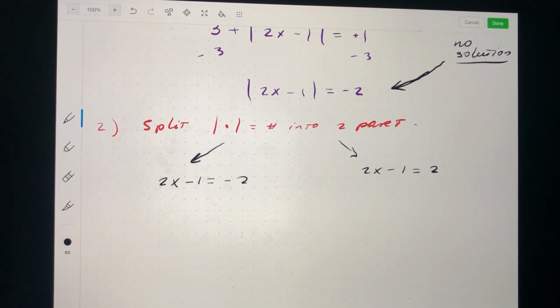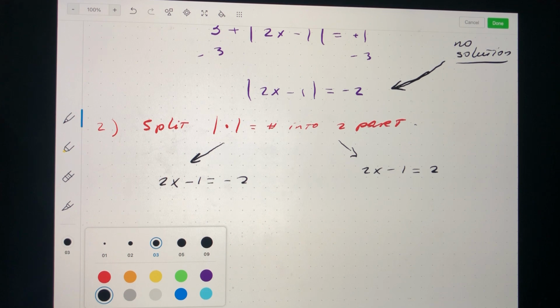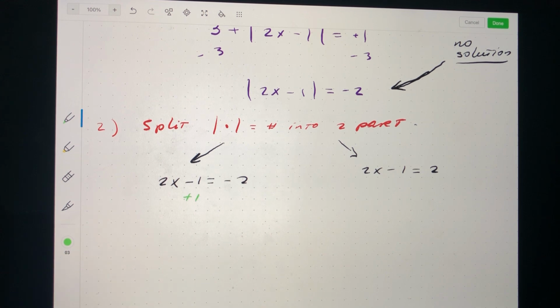To solve each one separately, we repeat the same steps twice. To cancel negative 1, we add 1 to both sides, making it 2x equals negative 1. To undo multiplication by 2, we divide by 2, and that makes x equals negative half.